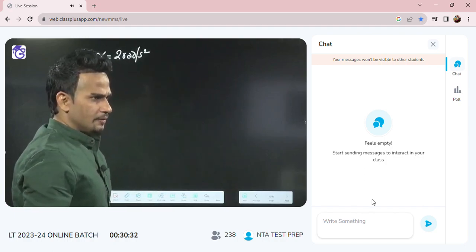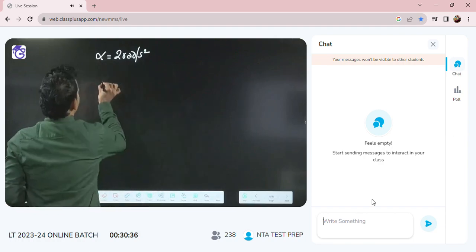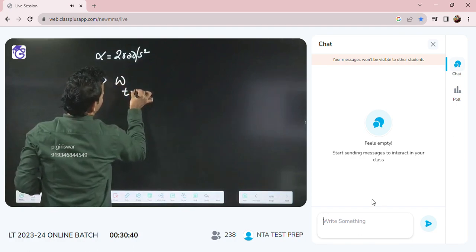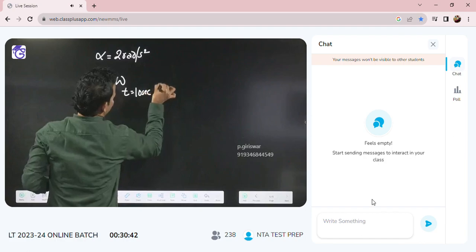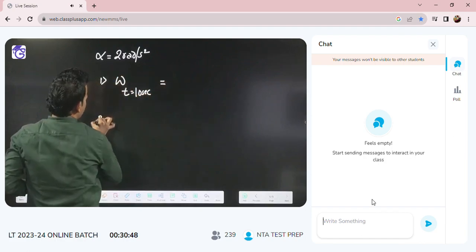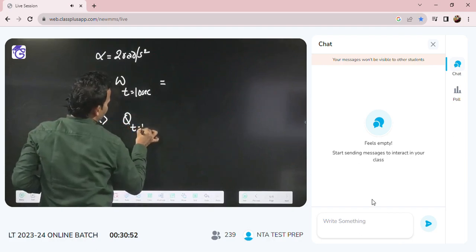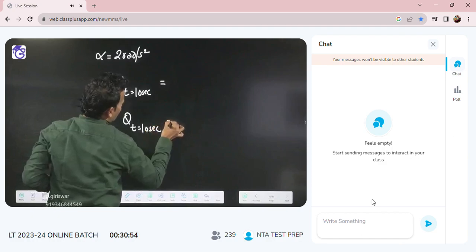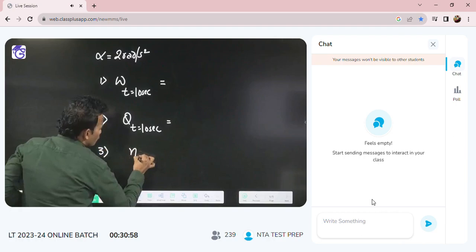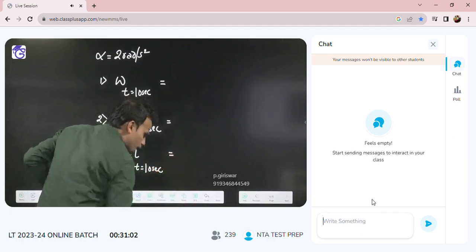Find, first, the angular velocity after 10 seconds. In 10 seconds, how much angular velocity will your rigid body have? Second, the angular displacement after 10 seconds. Third, the number of revolutions in 10 seconds. In 10 seconds, how many revolutions will the body perform?